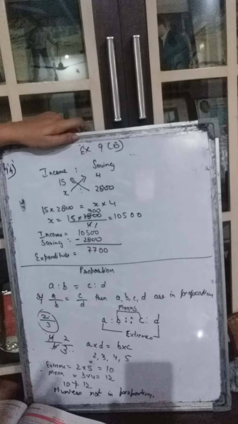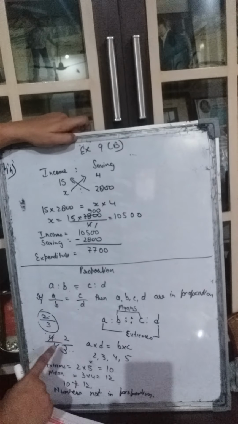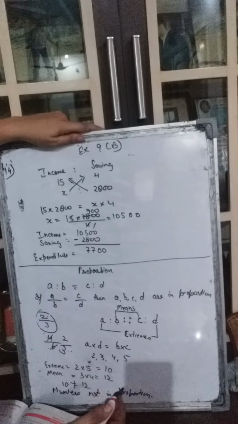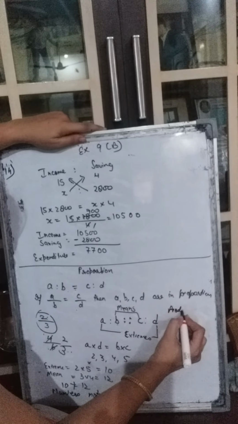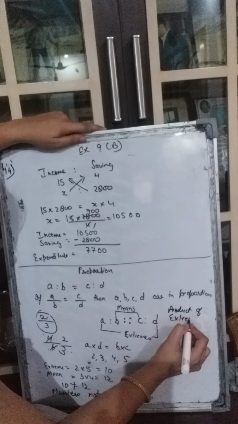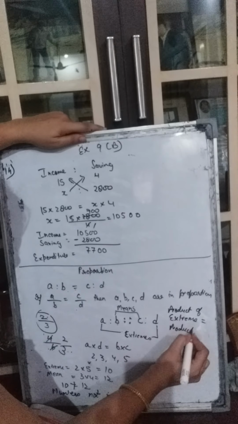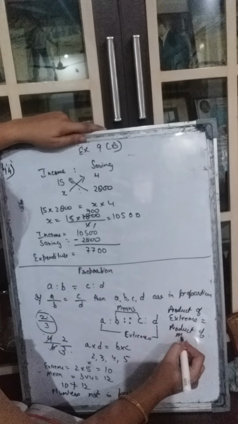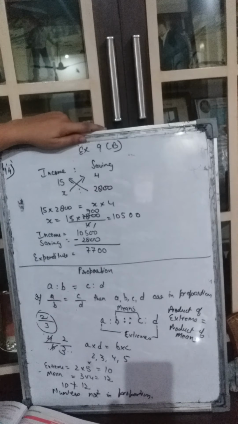Now, if these numbers are in proportion, then there is one property. That property says that the product of extremes will always be equal to the product of means if these numbers are proportional.